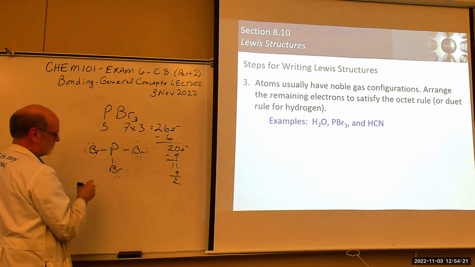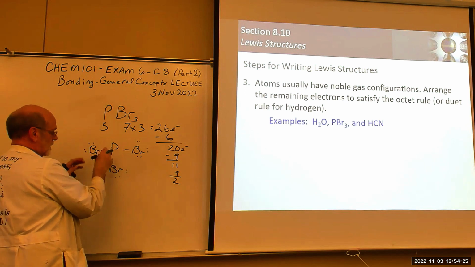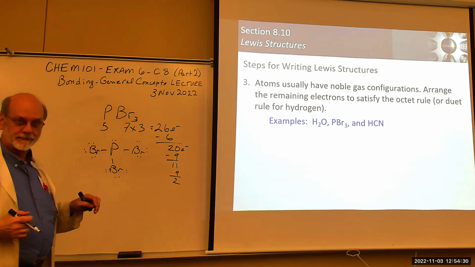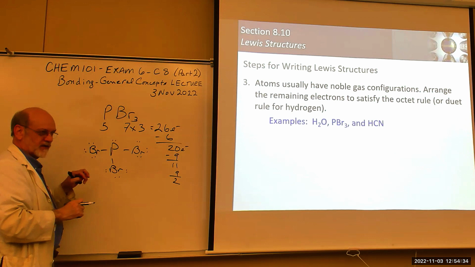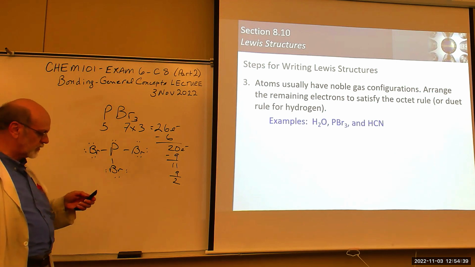So I use 2. Now, once you've got these filled, you move in, we got to put the 2 other electrons there. Okay, now we have 8, 8, 8, and 8. Everybody's got an octet. So that would be a valid Lewis dot structure.